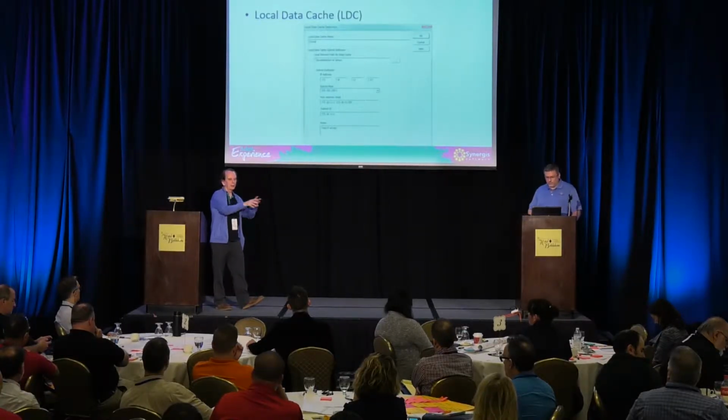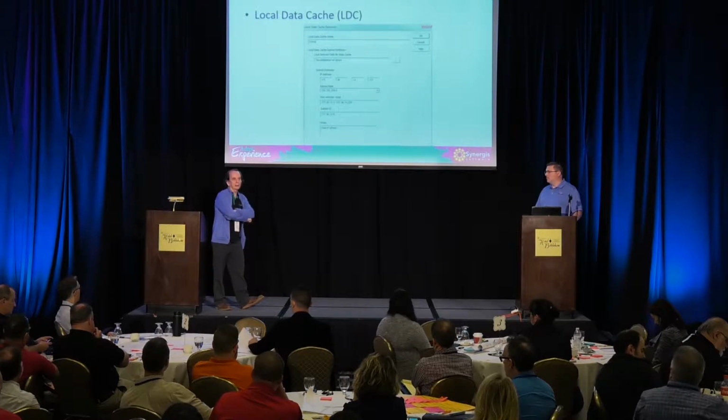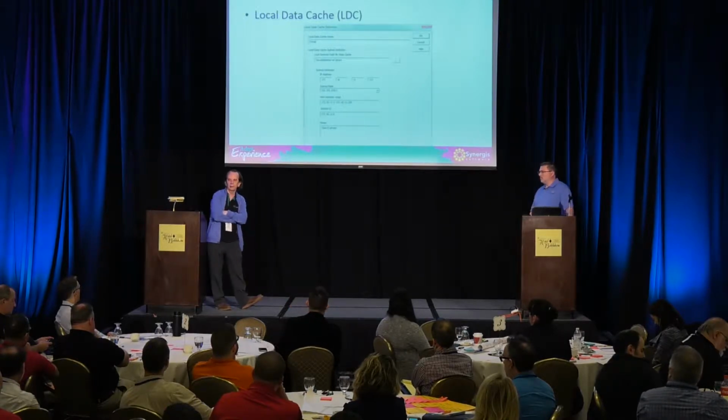At each site, the IP addresses of different workstations have a lot of commonality, and we use the IP address to determine if you are in or not in the data cache the admin set up.